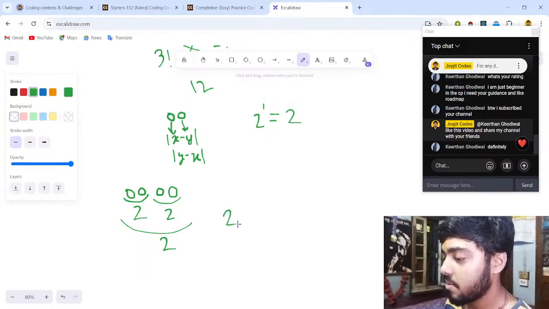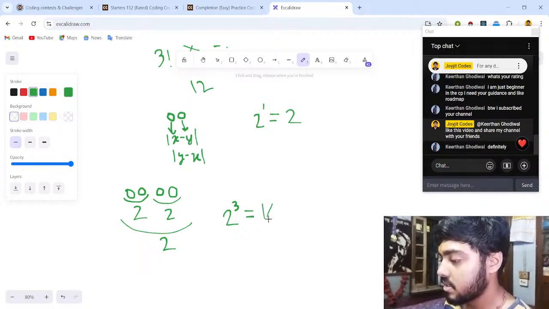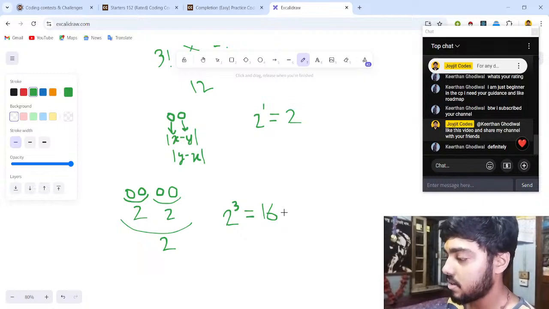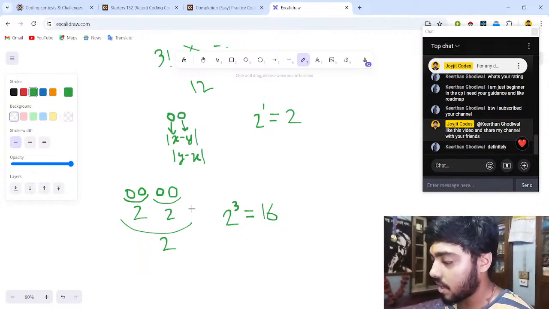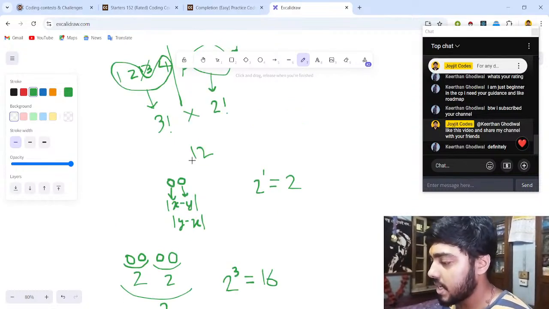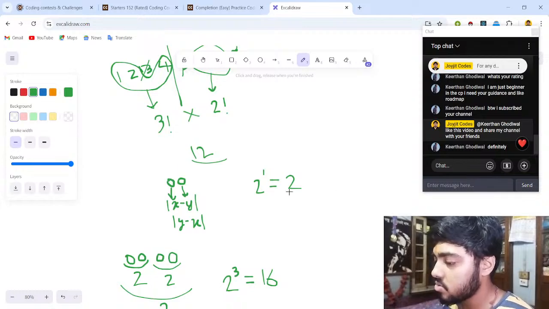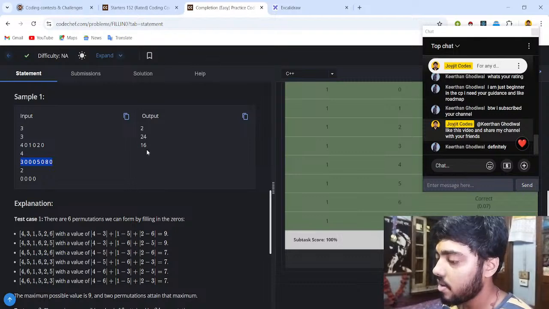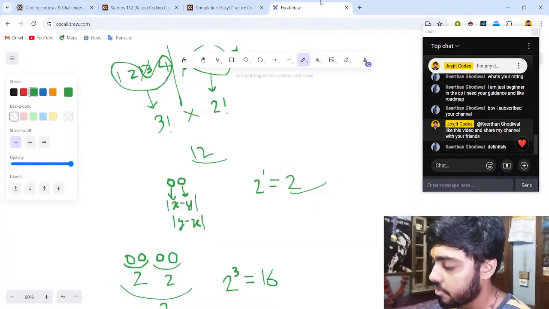So it is going to be 2 to the power 3, that is 16. Is this part clear? It is kind of a divide and conquer thing, okay? So basically this 12 and from these two zeros, we can get 2. So 12 into 2 is 24. And for the last part, as I told you, this is 0, 0, 0, 0. So it is 16, as I told you, 2 to the power 3, right?